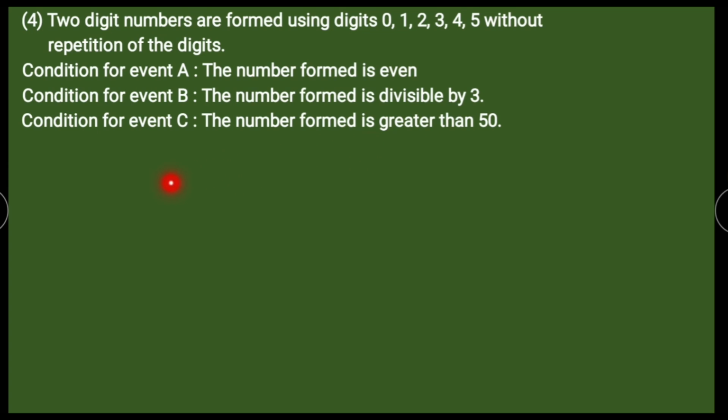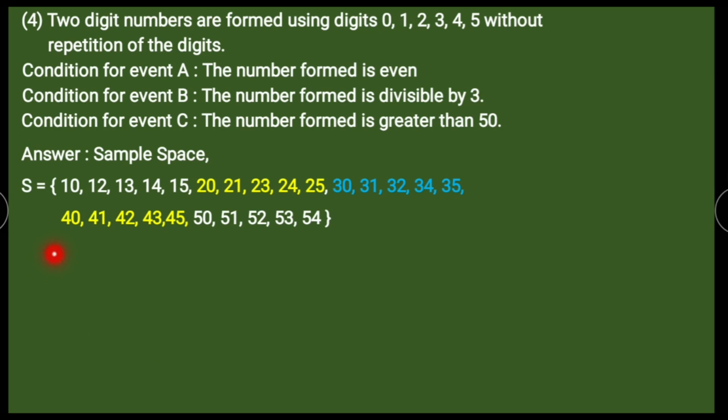So first we form the two digit numbers, and we know that when 0 is at the 10th place, then that number is not a two digit number. So we take 1 at first position, 2 at first position, 3 at first position, 4 at first position, and 5 at the 10th place.